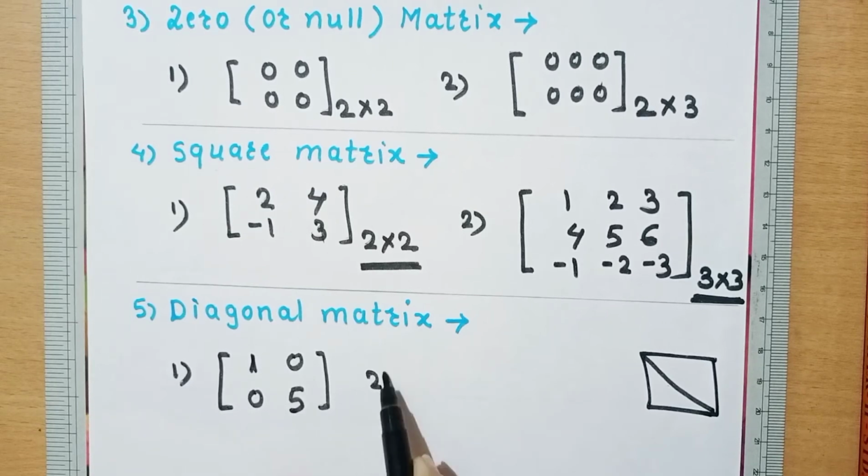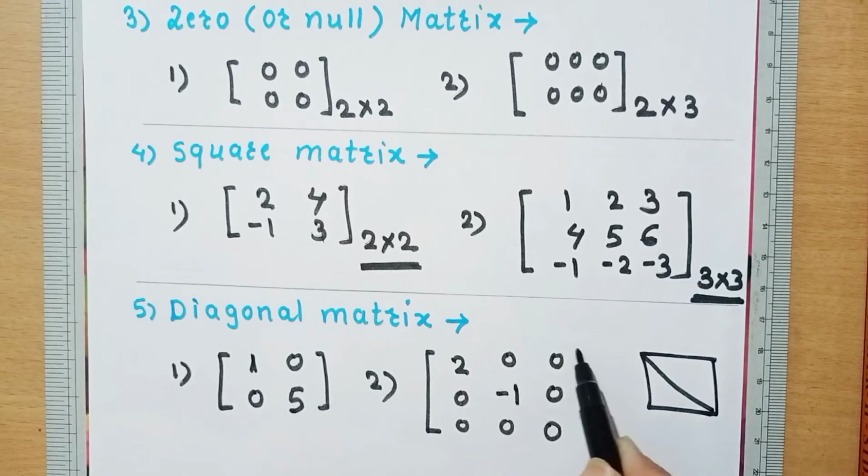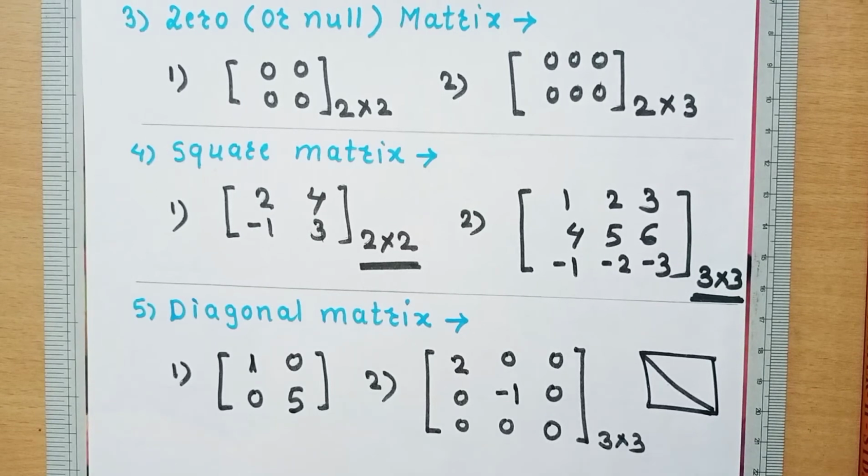Now second example, suppose I am considering 3 by 3. So here 2, minus 1 and suppose 0 non-diagonal. So this is called a diagonal matrix of order 3 by 3. This is of order 2 by 2.